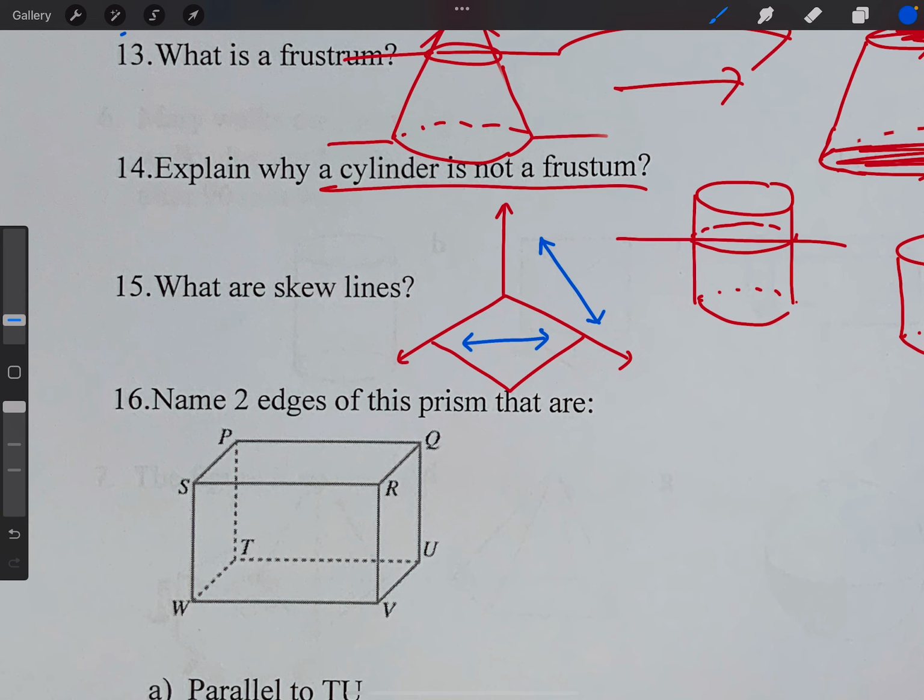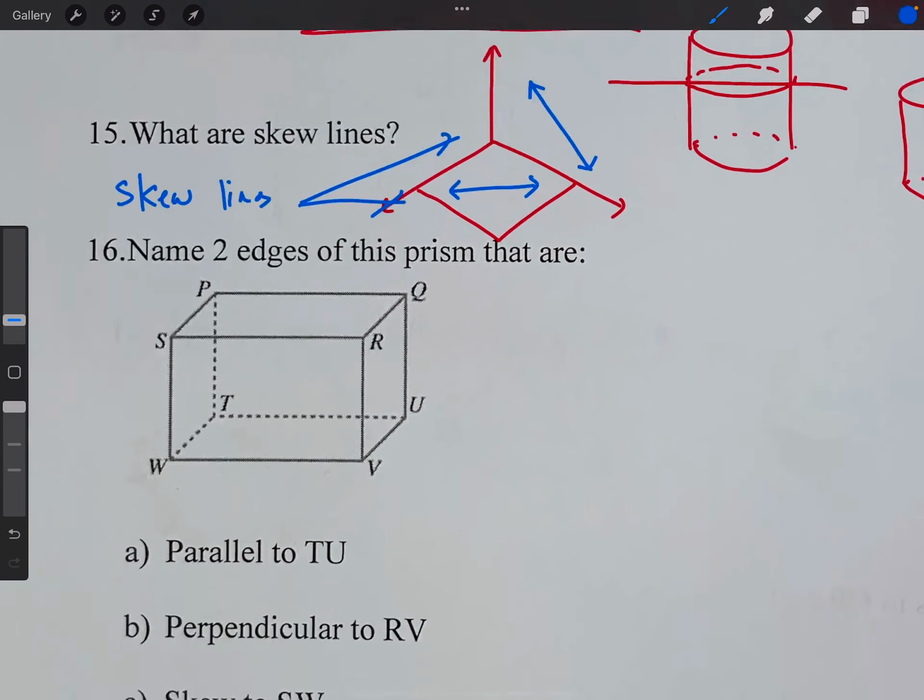You can imagine this like a 3D shape. Here's a piece of paper there. You draw another line, but this line goes on a different plane of existence. It's not even on the same plane. So these are called skew lines. Those two are skew lines.